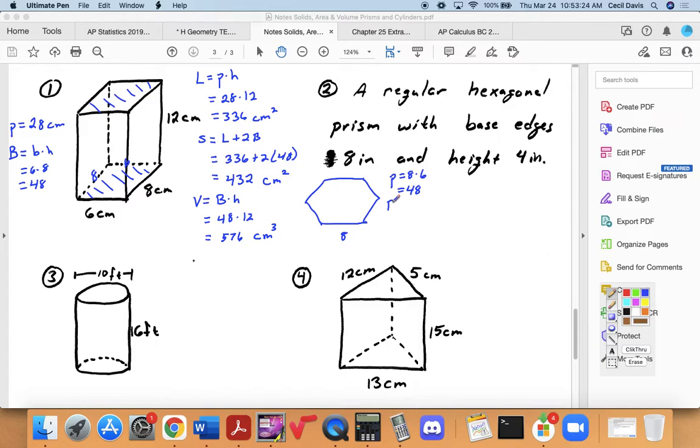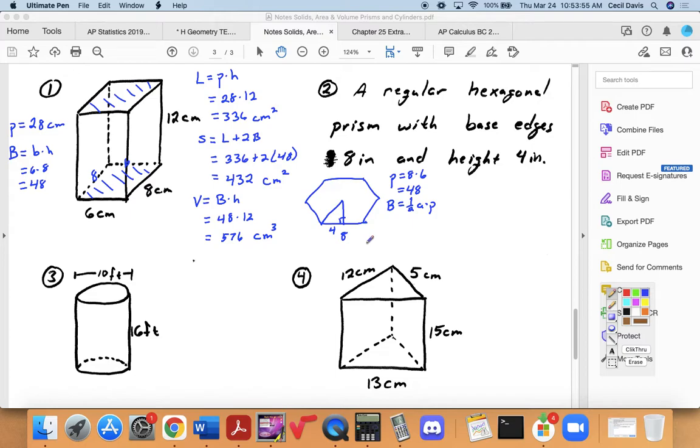Now I need to find the area of the base, capital B. What formula do I use for the area of a regular hexagon? Half A P. And what does the A stand for and what does the P stand for? Apothem and perimeter. Good, the apothem and the perimeter. Okay, Sam. So let's see, that's going to be 4.